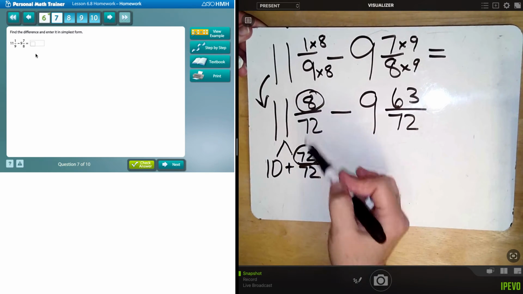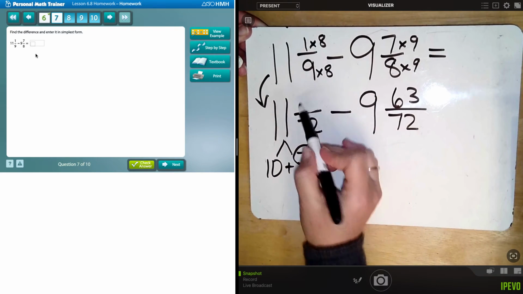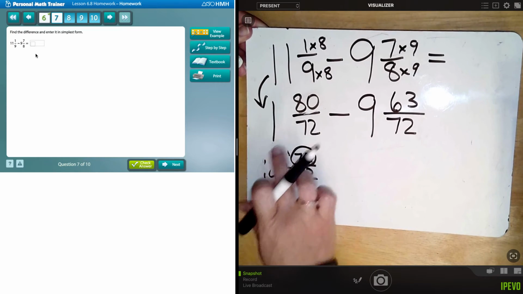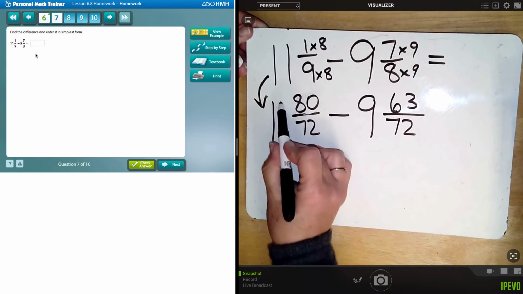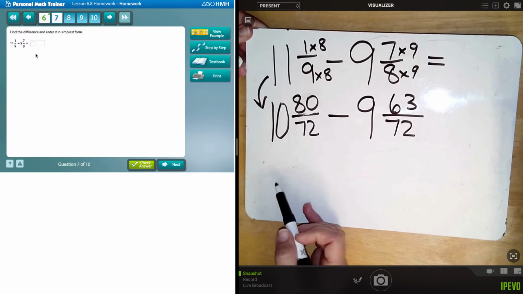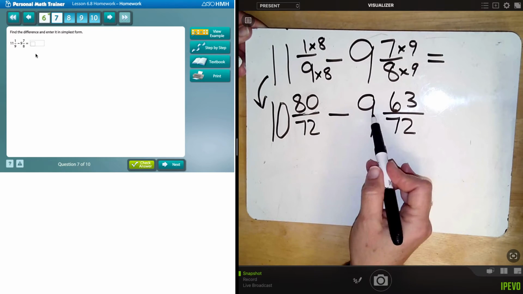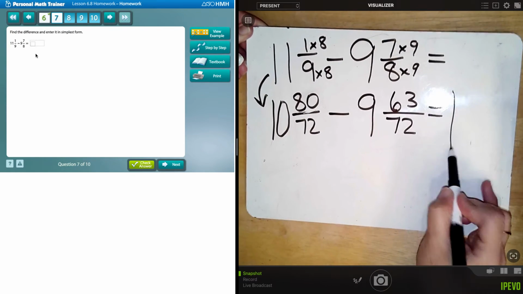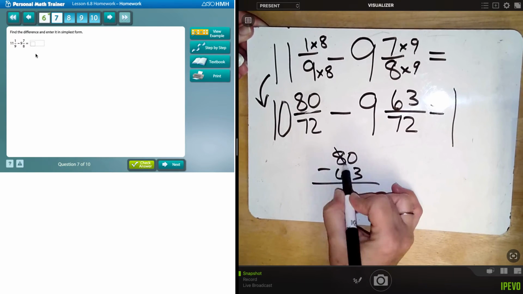Oh, well that makes an 80. All right, so my new numerator here will be 80, right? And I don't have 11 anymore. I only have the 10 because I broke off one whole. So now my problem is 10 and 80/72 minus 9 and 63/72. 10 minus 9 is 1. 80 minus 63.